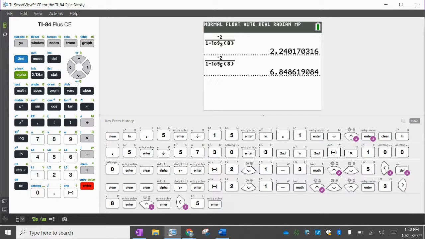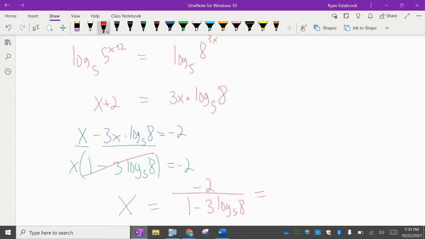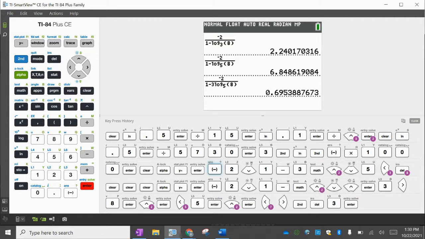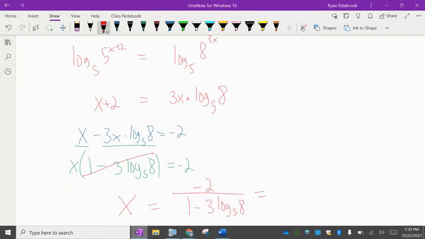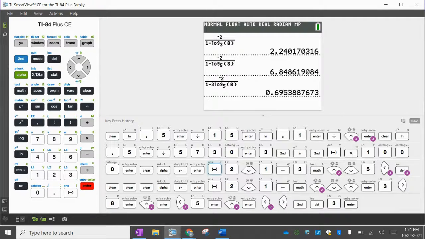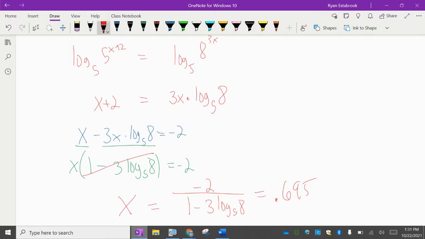Nope. My goodness. Can I type this correctly? How about 0.695? Negative 2 over 1 minus 3 log base 5 of 8. I think so.